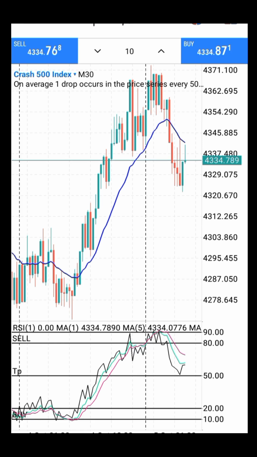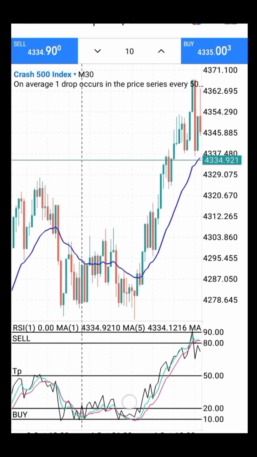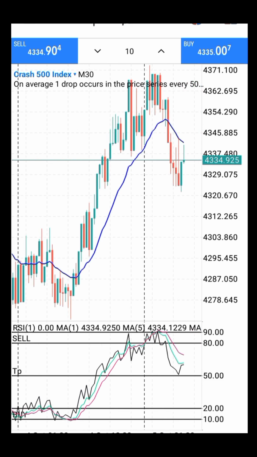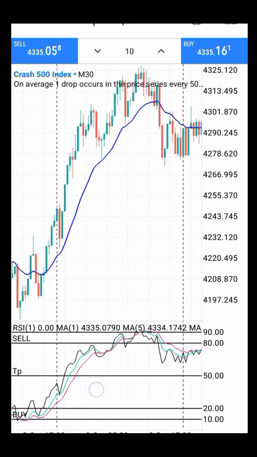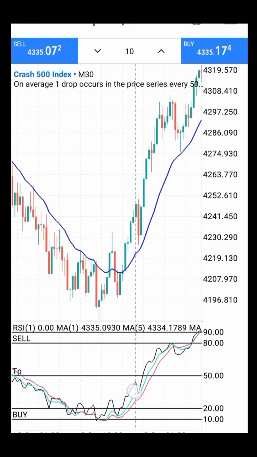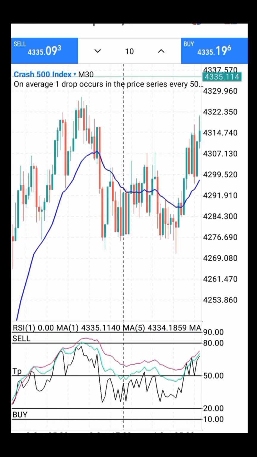But if you know how to interpret price action with indicators, you are good to go. Some indicators come up at the back end, backed up with price action. All these indicators were made by professionals who are very good in price action.